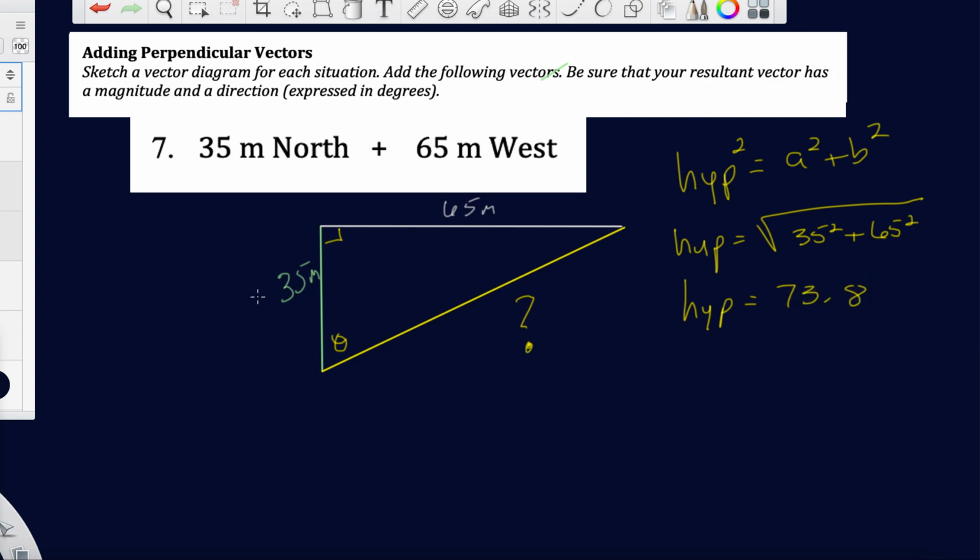All right. Now I can use either the tangent function, because these are nice and round numbers, or I can use this hypotenuse. I'll get similar numbers. If I use the tangent function, it's opposite over adjacent, and we hadn't used the tangent, right? The tangent of theta is equal to opposite 65 divided by 35. And if I want to know what theta is, I just divide by tangent.